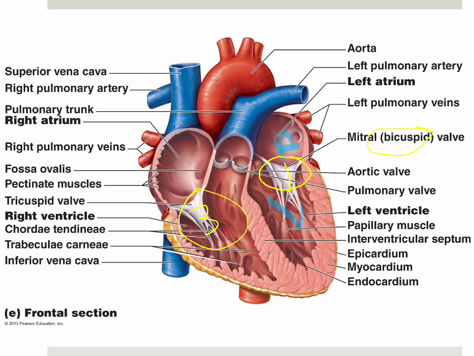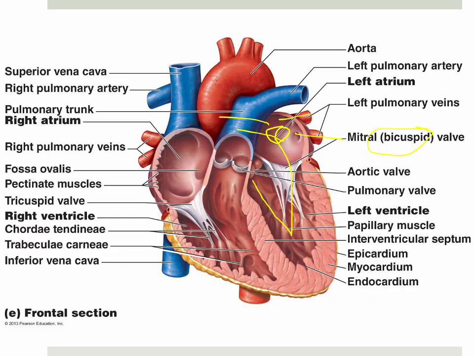Okay, so we have oxygen-rich blood, meaning oxygenated blood, coming from the lungs through here, and of course the same one from the right side, and then squish by contraction and passive filling to the left ventricle.